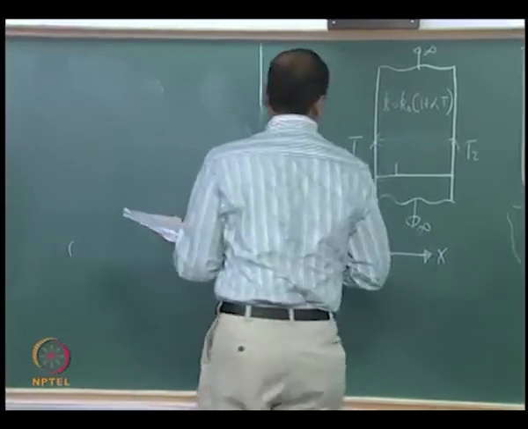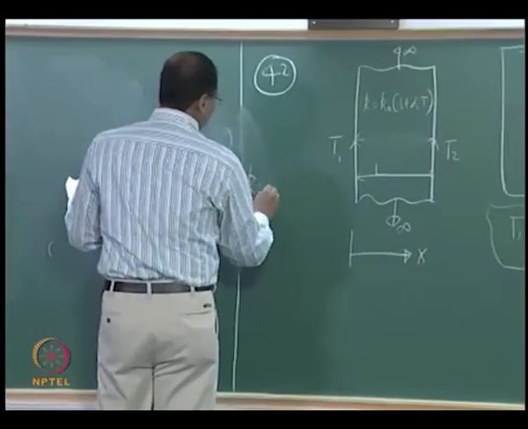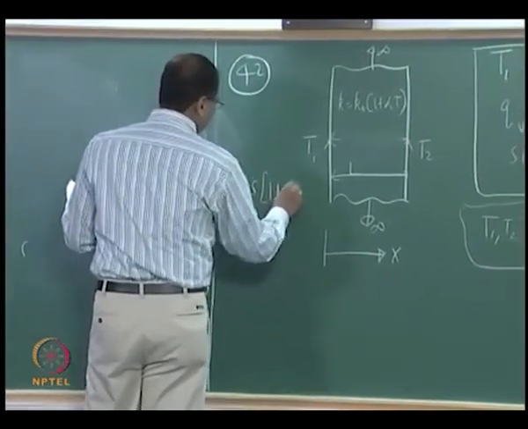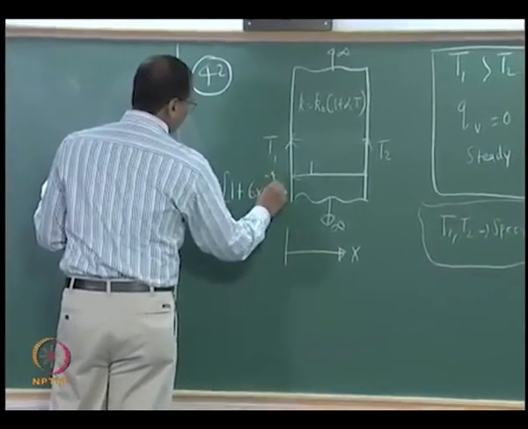So K is 15 into (1 plus 6 into 10 to the power of minus 4 T).